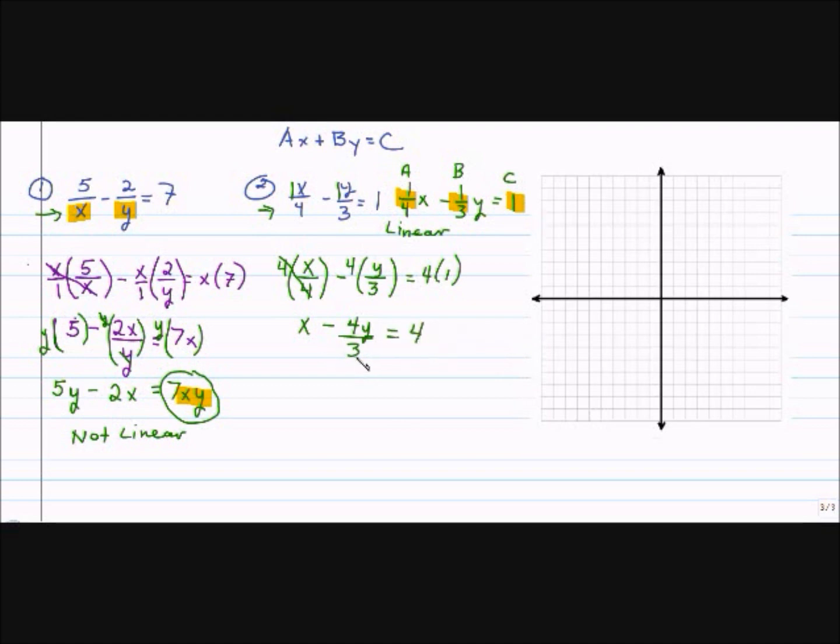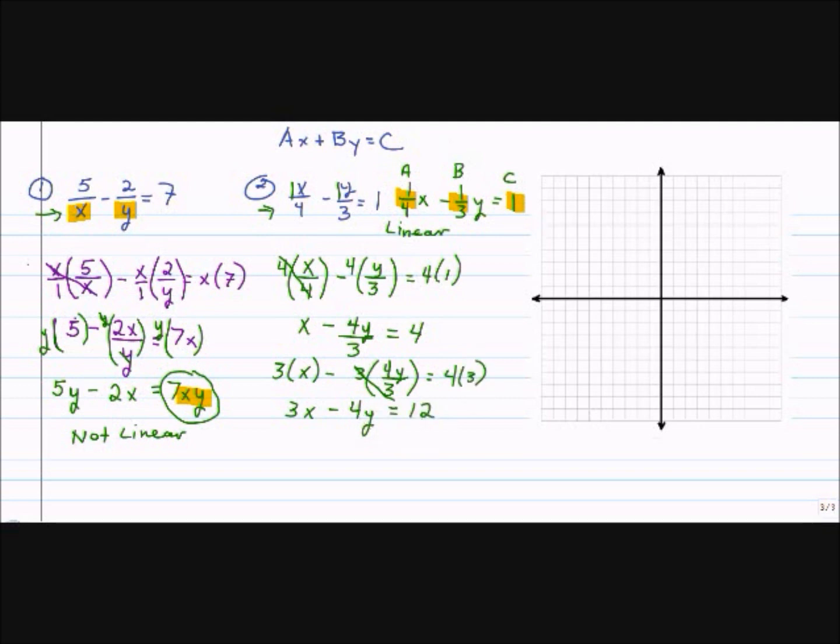Okay, good so far. Now I'm going to multiply everything by 3. I have 3 times x minus 3 times 4y divided by 3 equals 4. And 3 times x is 3x minus, my 3's cancel out, giving me 4y. I forgot to multiply this by 3, equals 12.